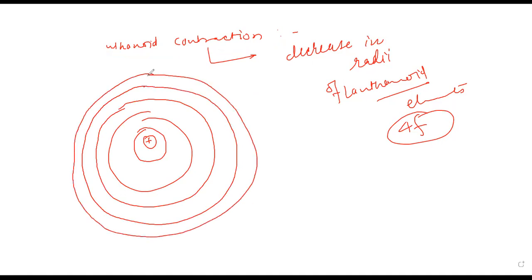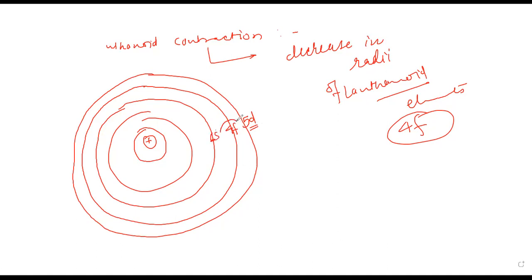So when you are studying the last shell, suppose you are studying the 5d orbital. So before 5d, which element is going to come? I think 4f will come, 4f. Then 6s will come here, like that.